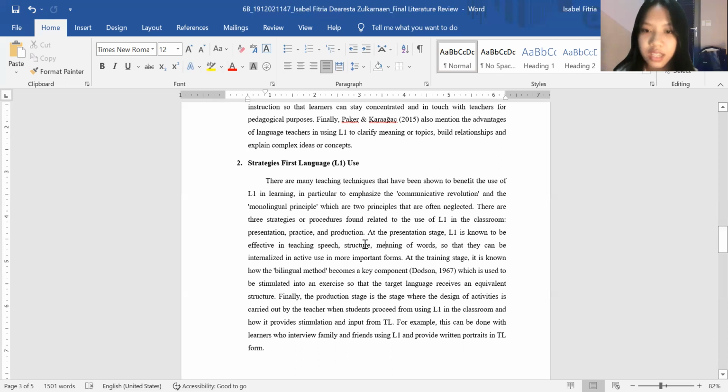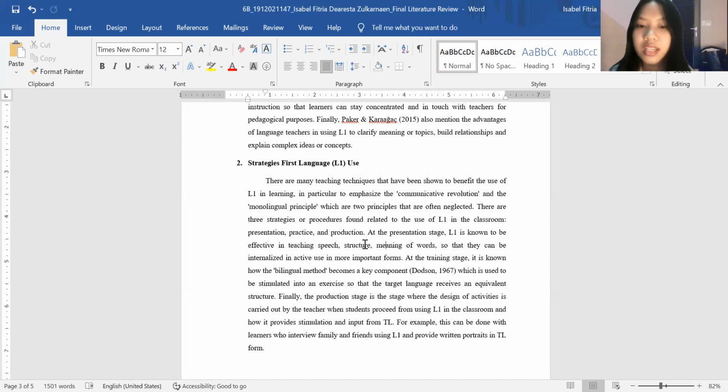At the practice stage, it is known that the bilingual method becomes a key component, Jackson 1967, which is used to stimulate an exercise so that the target language receives an equivalent structure.